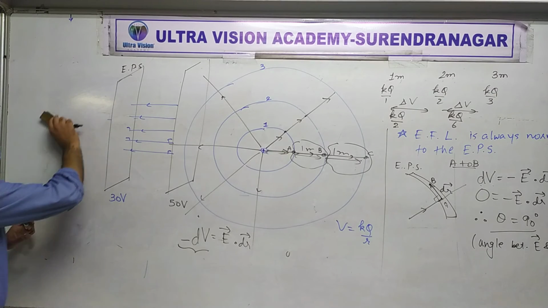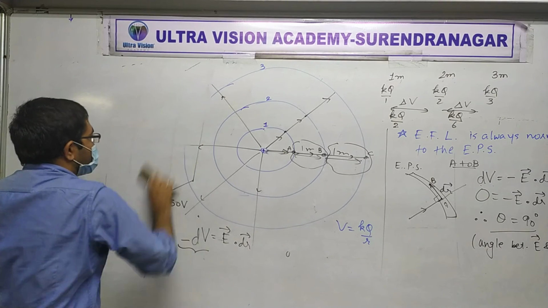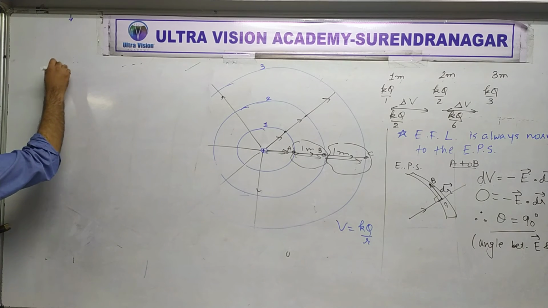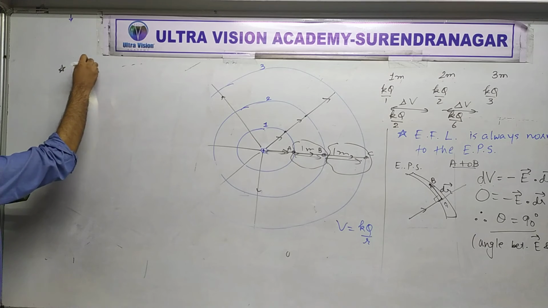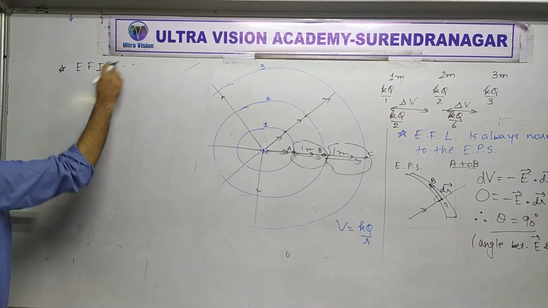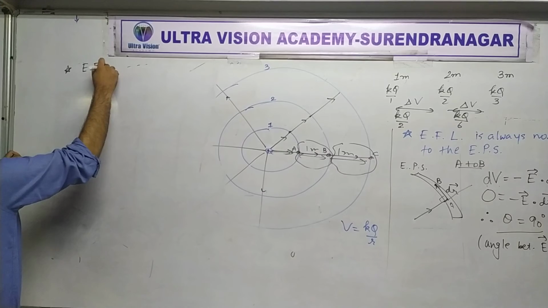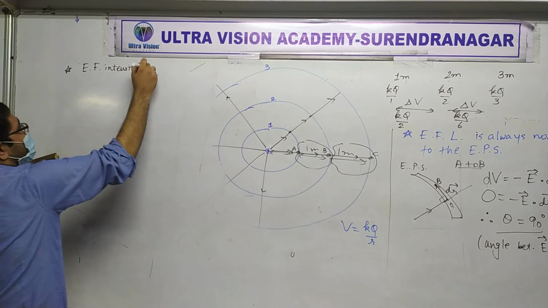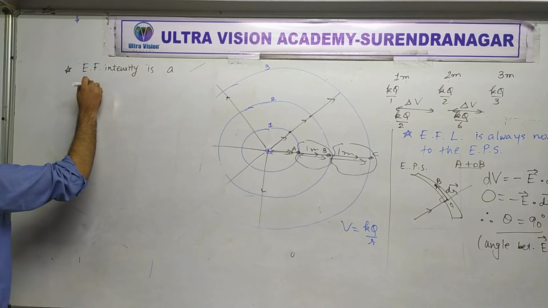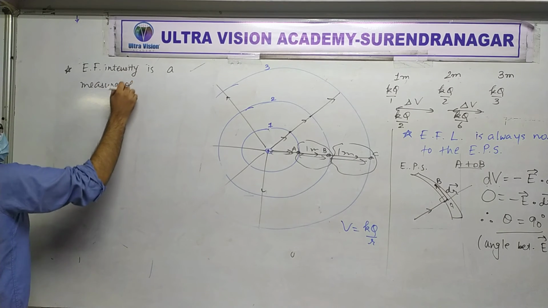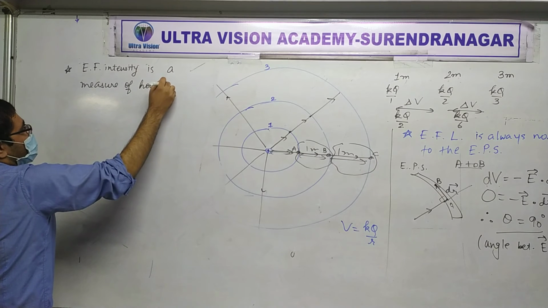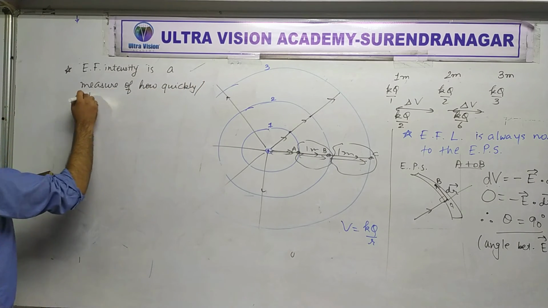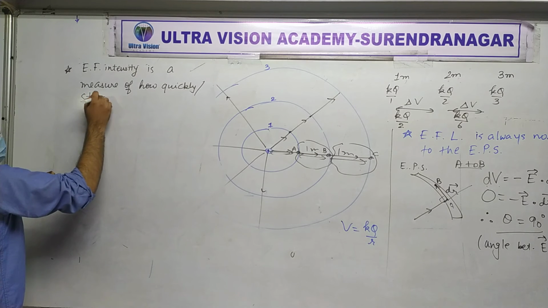Okay, I'm going to take off this. Electric field intensity. Electric field intensity or magnitude of electric field is a measure of how quickly or how steeply, gradient, did you understand?